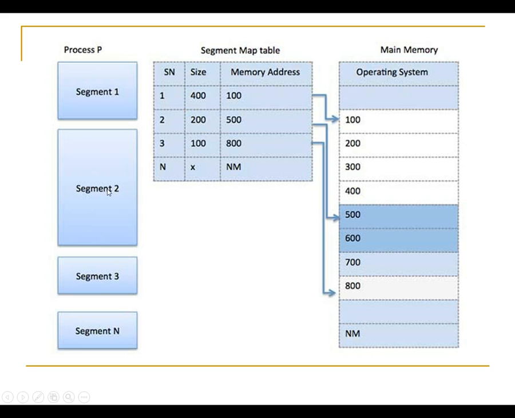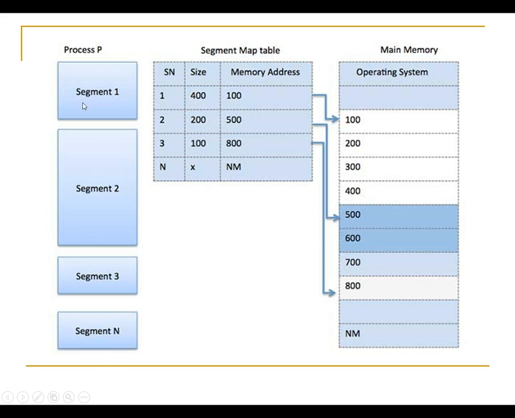Now segment number 2 requires 200 bytes. Memory has given the address 500. For segment number 3, the size is 100. The memory address given by the main memory is 800.